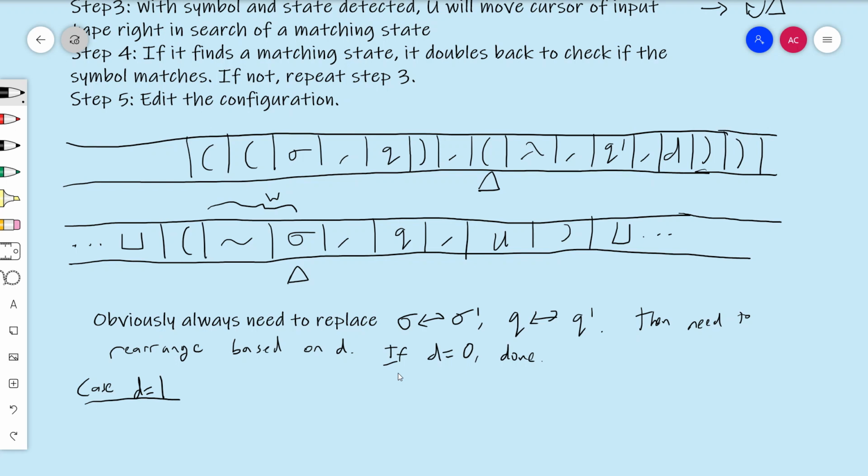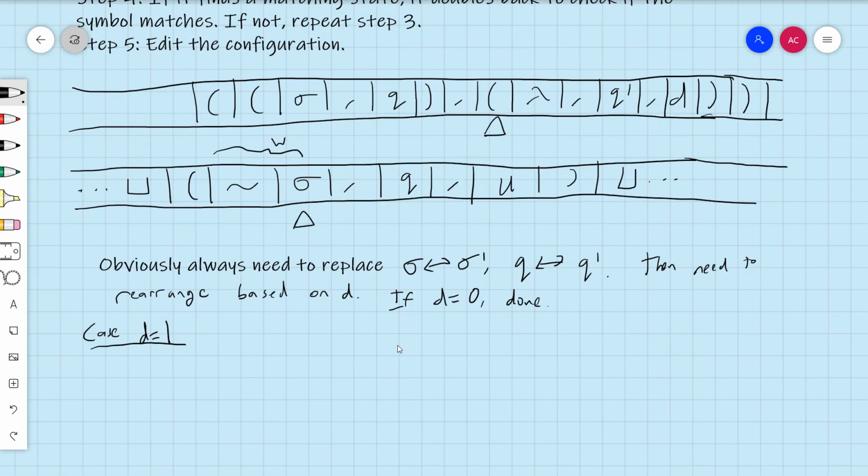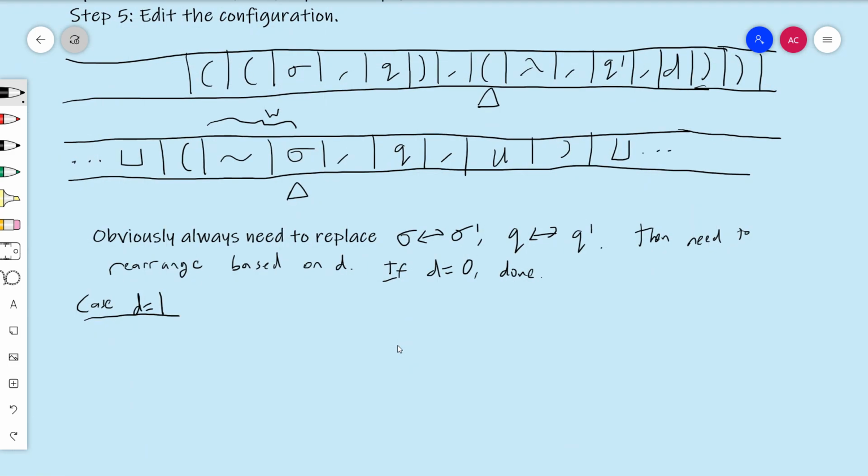What does that mean exactly? If d equals 1, then our cursor for M is supposed to move right. Let me go ahead and show it. Here's M. This is the actual machine that we're simulating.